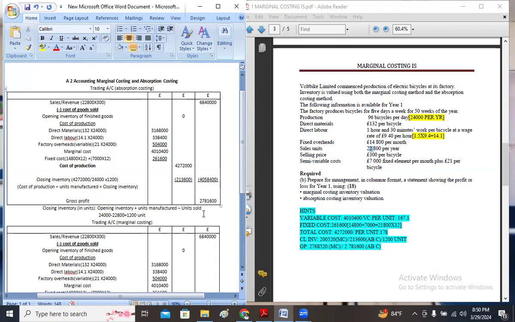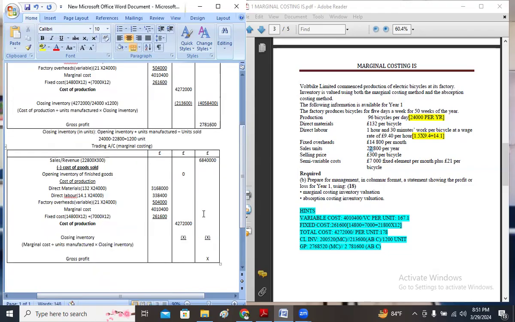So that's the gross profit under absorption costing, and under marginal it is almost the same, just the closing inventory value will change. Now to take the marginal cost, we have already calculated the total variable cost, 4,010,400. So total marginal cost 4,010,400 divided by units manufactured, 24,000, multiplied by 1,200, the units of closing inventory.